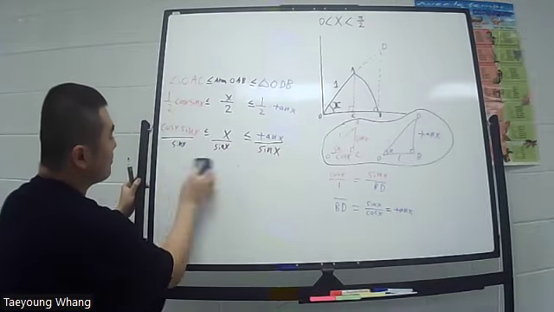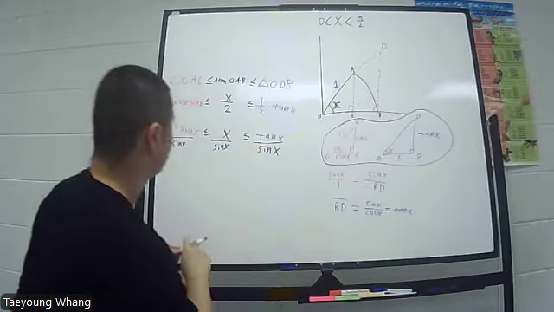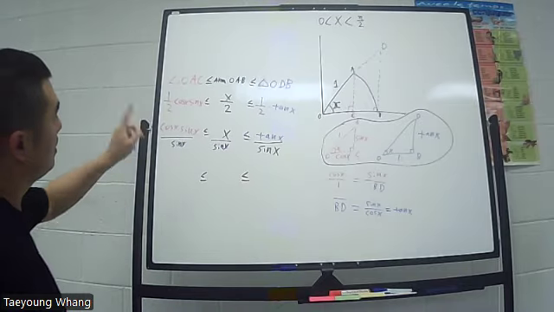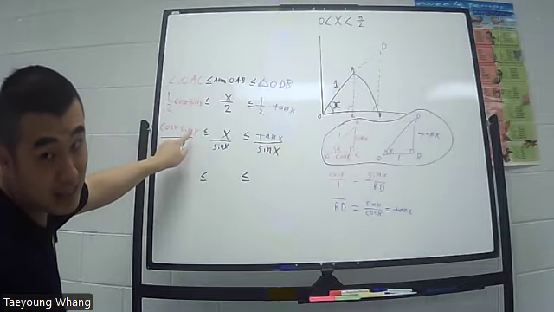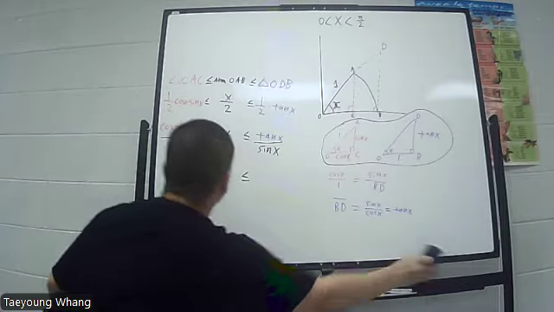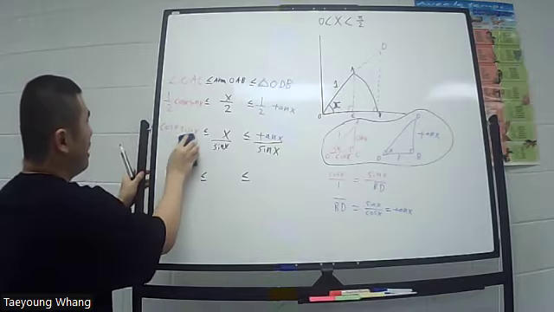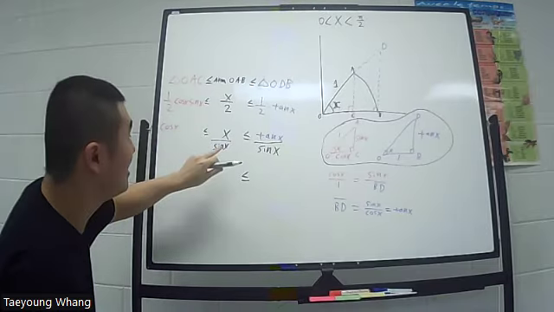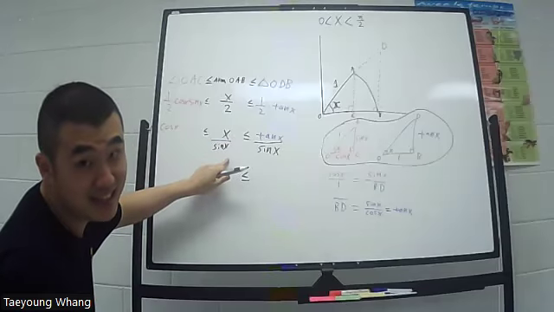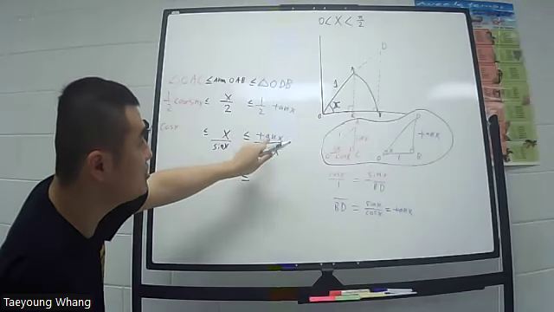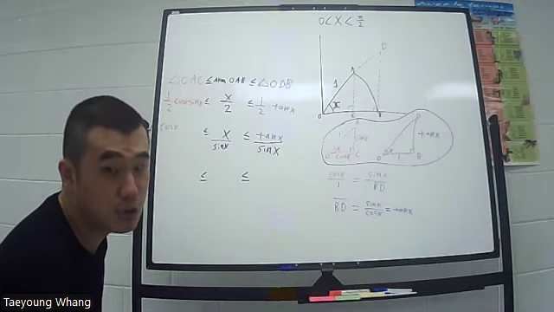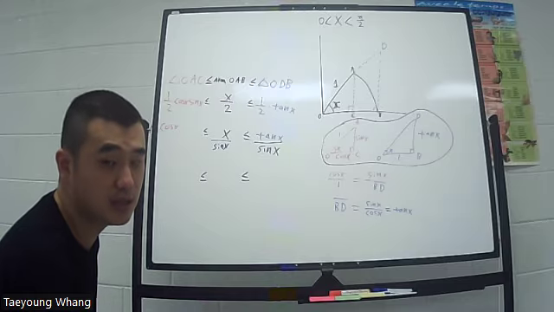And if I do that, what happens? Sine x and sine x are going to get canceled out. So I'm only left with cosine x on the left, and I just have x over sine x, and here, tangent x over sine x. Do you remember that tangent x equals sine x over cosine x?